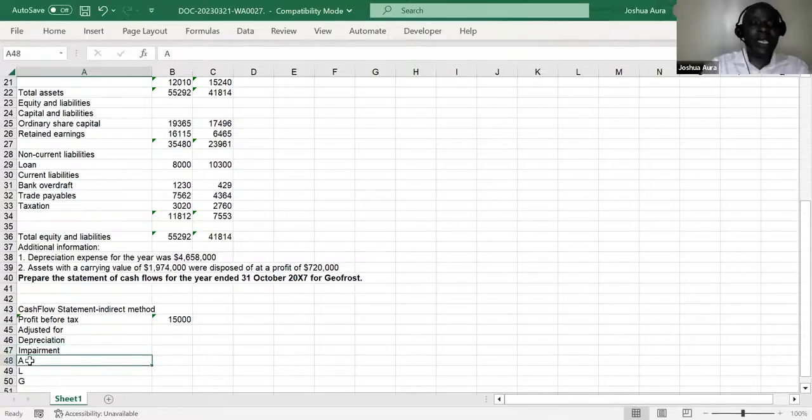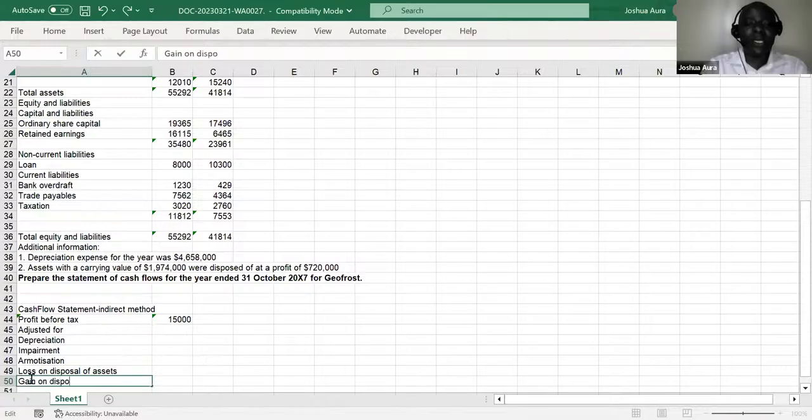Then we have amortization of intangible assets, and then loss on disposal of assets, and then we have the last one, which is gain on disposal of assets. Great.